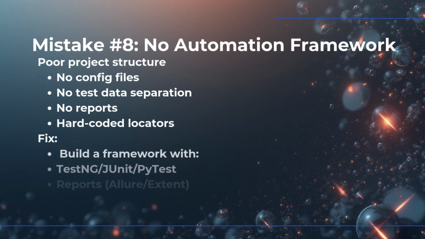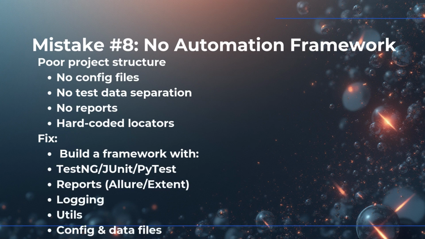Mistake number 8: no automation framework. Beginners run automation like a simple script without real structure. So here the terminology, no framework, means there is no report, no logs, data is all hard-coded, no config management, no reusable utilities, and no screenshot on failures.